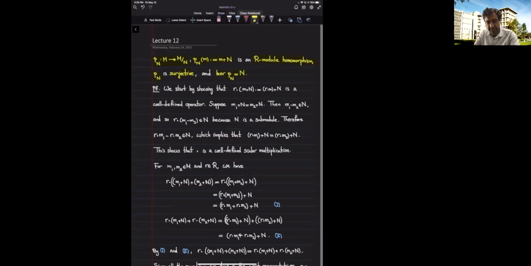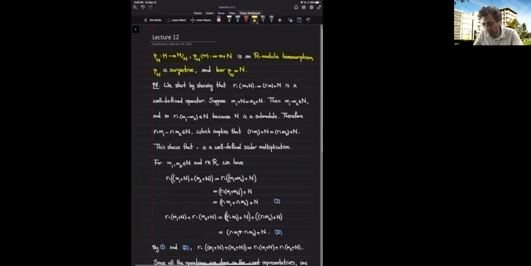Okay, so these are the statements that we want to show: that this scalar multiplication is well defined, then we define the natural quotient map p sub N, and we discuss that it is surjective with kernel N. Okay, so let's see why this is the case.